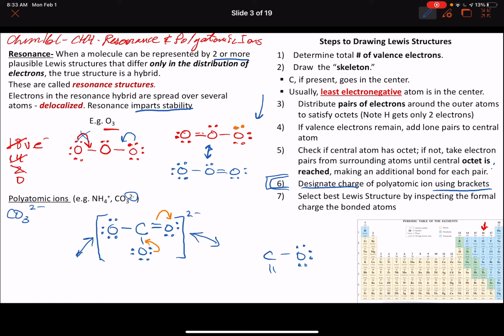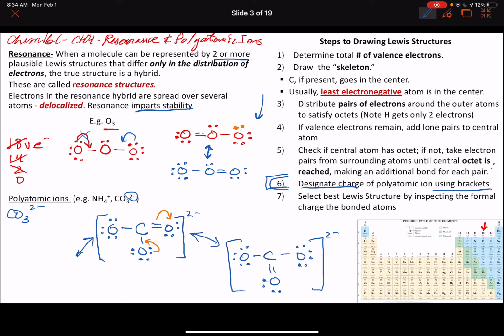We have a double bond down below now, and we have the remaining untouched oxygen at left. Square brackets, the overall structure is still 2-, and that is an equal and correct additional Lewis structure here.